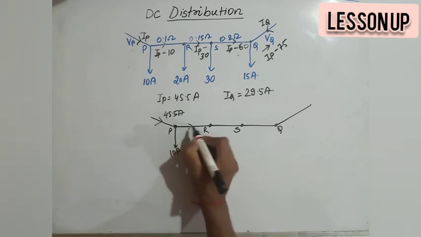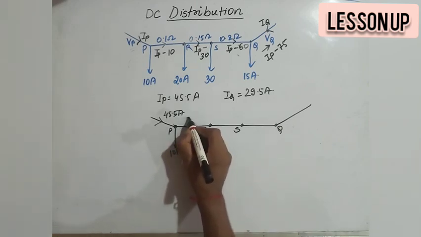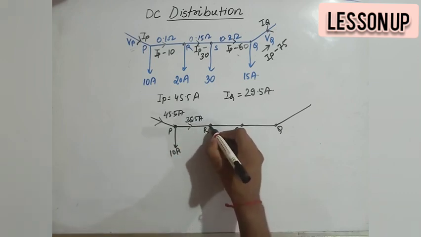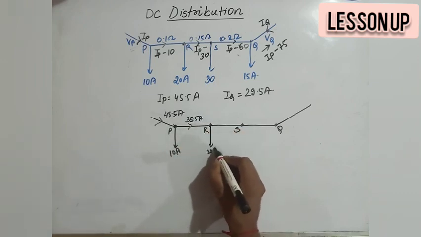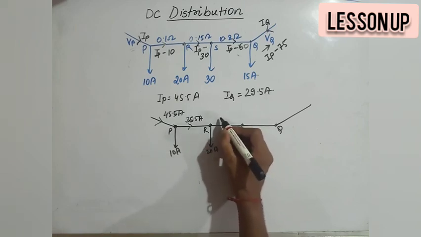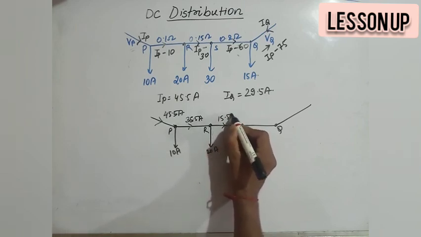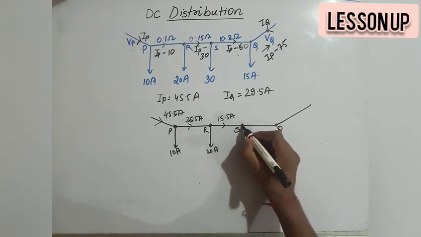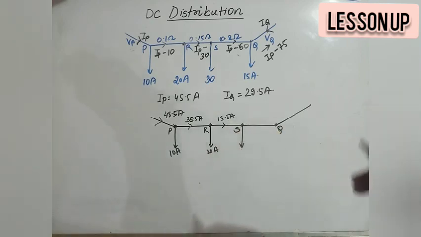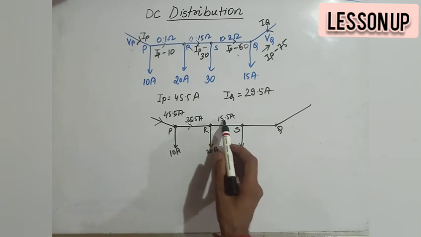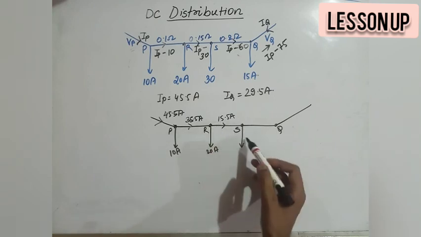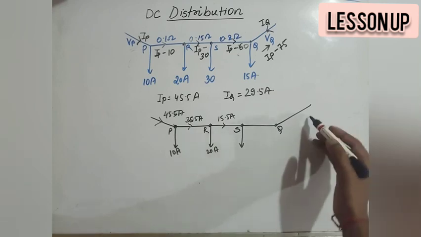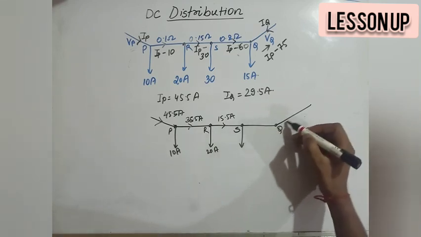So the remaining current will flow between P and R, that is 35.5 ampere. Again at point R 20 ampere has been taken out, so 15.5 ampere flows between R and S. At S 30 ampere has been taken out, so it is not possible that 15.5 ampere is incoming current and 30 ampere will be taken out from this. So from this direction, what is the incoming current?